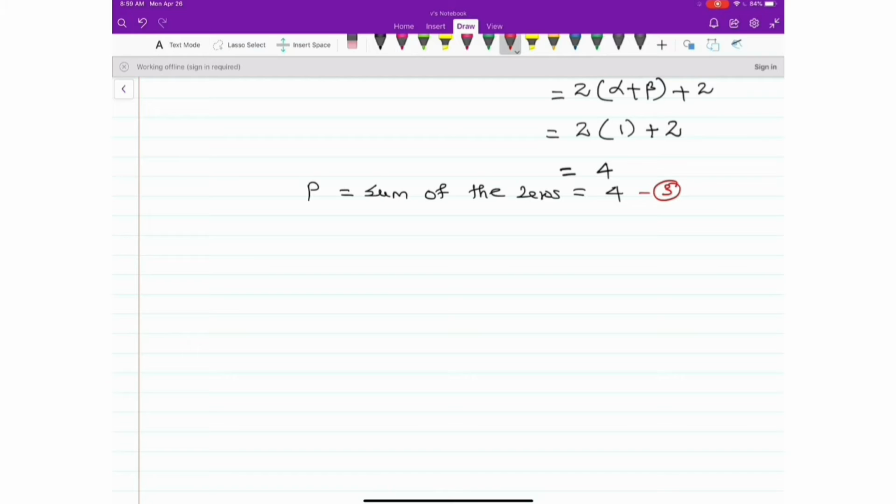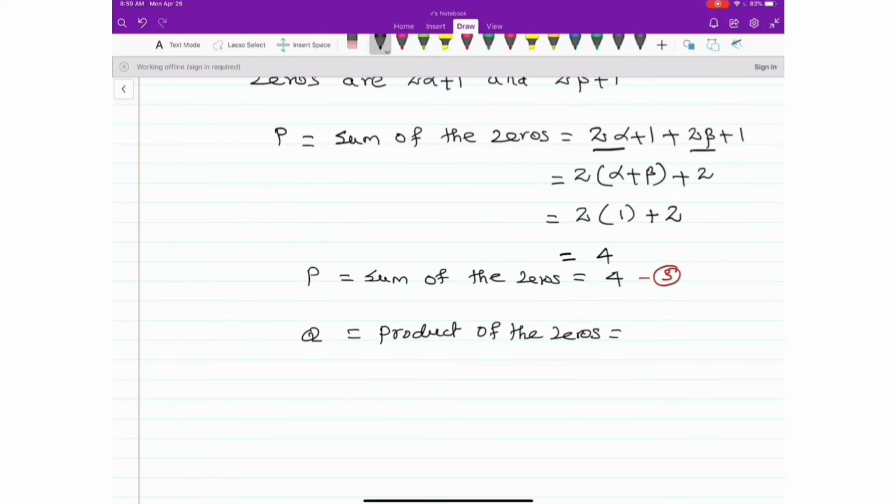What will happen to product of zeros? Q is equal to, because we had taken the product as Q, is equal to product of the zeros is equal to 2 alpha plus 1 into 2 beta plus 1.